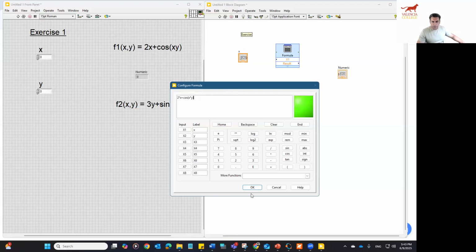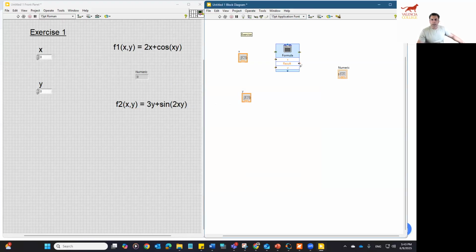So now it's a valid formula. And I'm going to show that this is f1 of x,y, a formula block for f1 of x,y. You can change where the label is written on the formula block. You can change the text so that you know what this formula block is for.